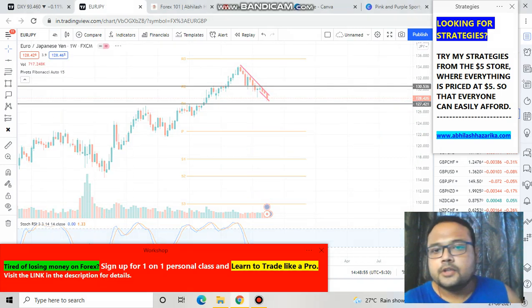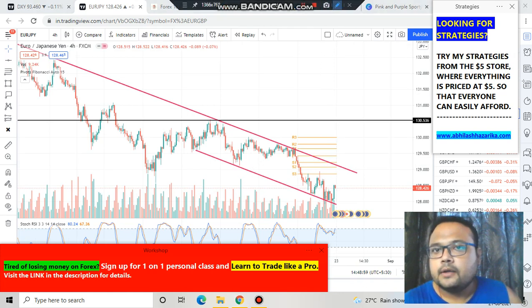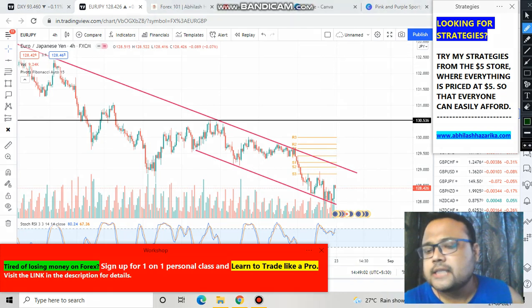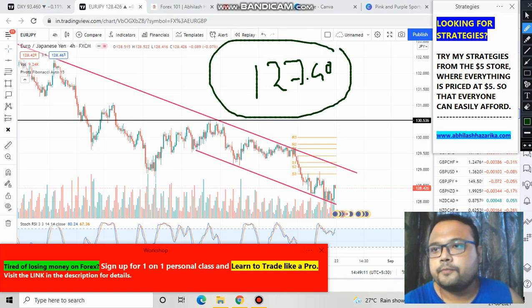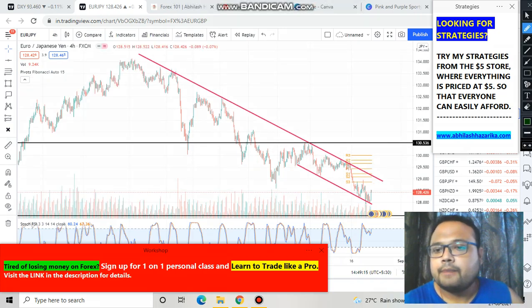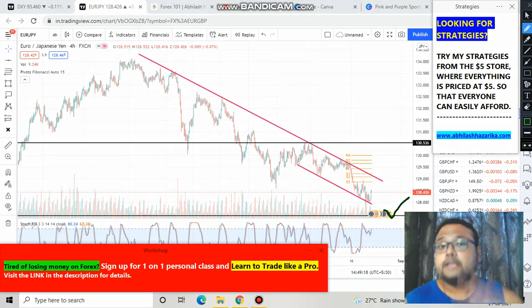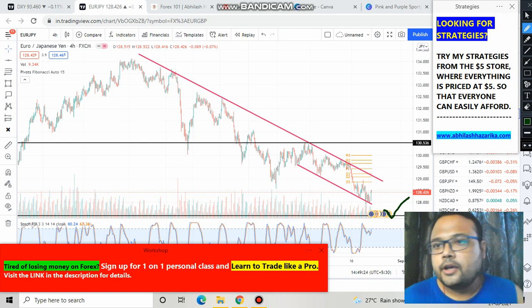So in case there is a sudden selling pressure on Euro JPY, listen to me carefully, then you can hope that 127.40, this black line, will provide support to the market. And if you find the market bouncing from this level, 127.40, definitely you can go for a buy order. So these are the trading opportunities on the Euro JPY chart.